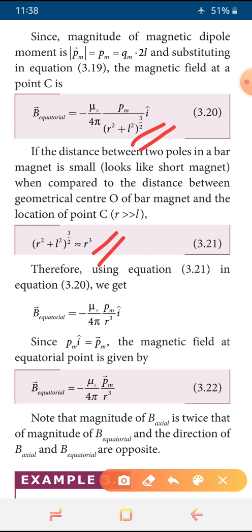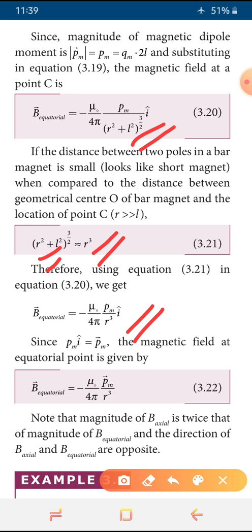If L square is removed, only R square whole power 3 by 2 is there. Square and by 2 get cancelled. Then the answer becomes R cube. We substitute this R cube in equation number 3.20. After substituting in 3.20, we get the altered equation as B vector equatorial is equal to minus mu naught divided by 4 pi Pm I cap divided by R cube.